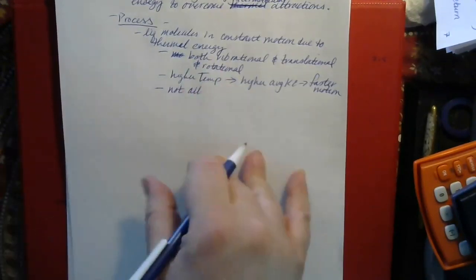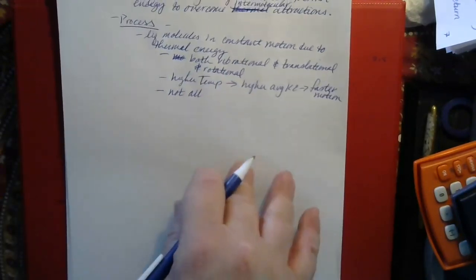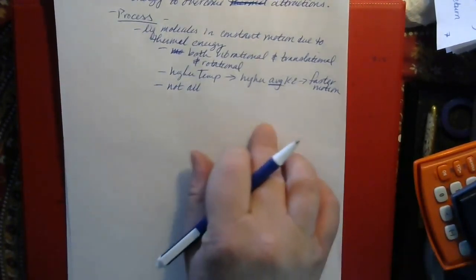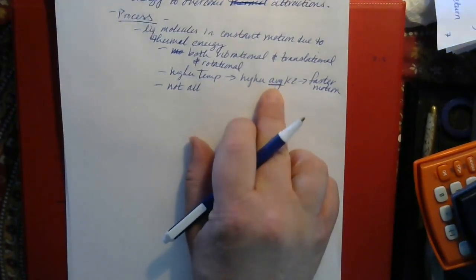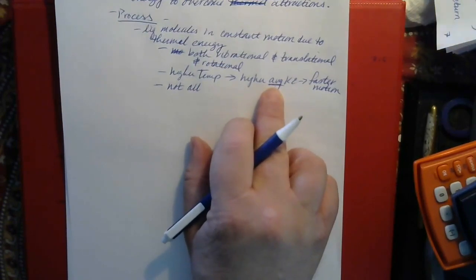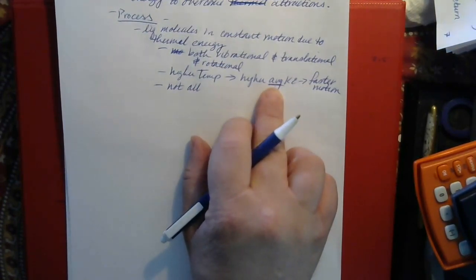There's actually a distribution of kinetic energies where the average, you notice we keep referring to average kinetic energy. That's because not all of the molecules have the same kinetic energy. Otherwise, we could just say kinetic energy. We say average kinetic energy because some molecules have more kinetic energy than others. Some have less kinetic energy than others. And so we figure out what the average is, and that's related to the temperature.